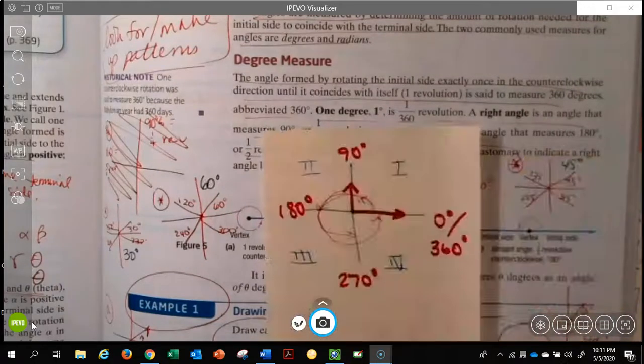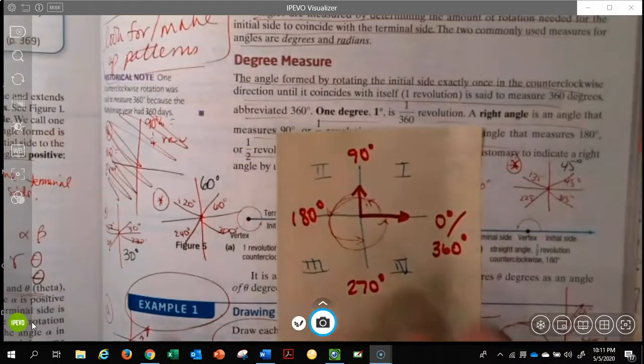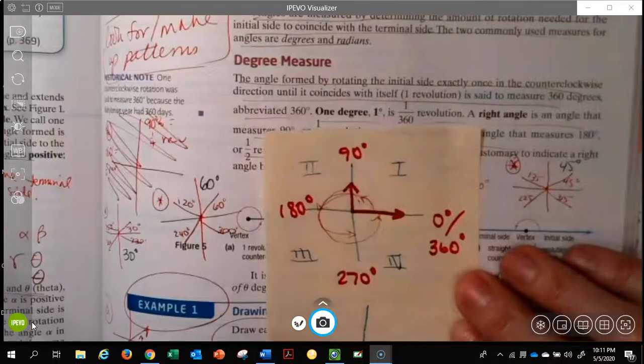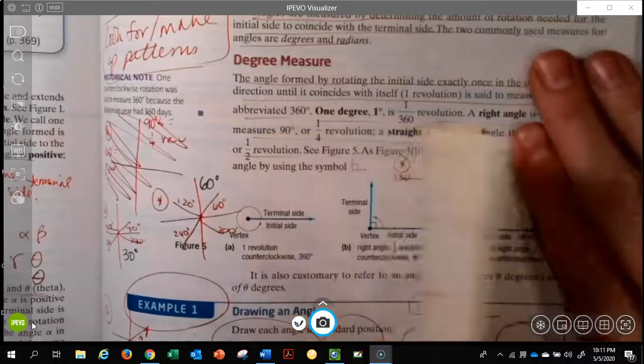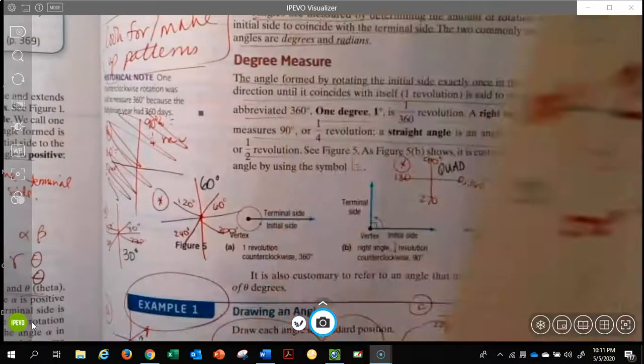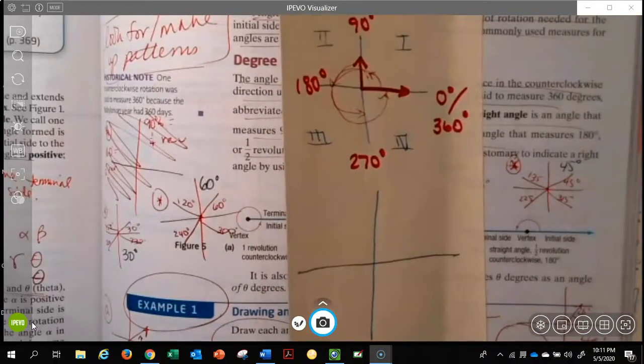Probably the hardest one to see over here is the 30, so I'll do it. When I'm looking at my XY coordinate plane, which you cannot see, I want to play around with all the 30s.